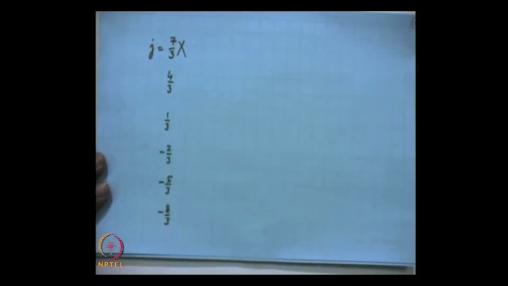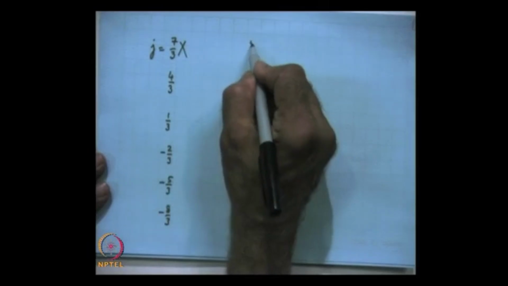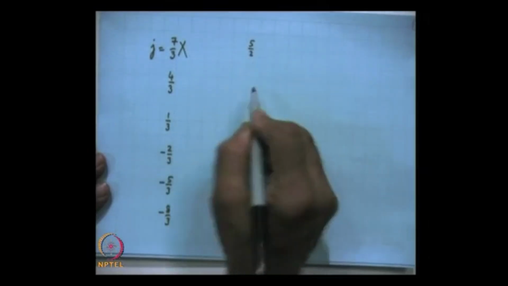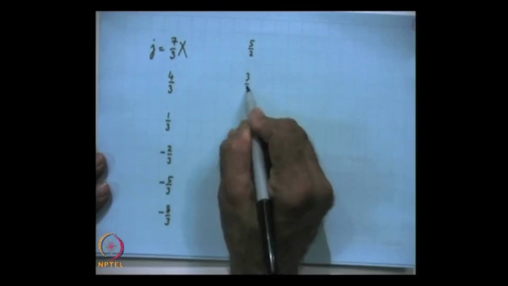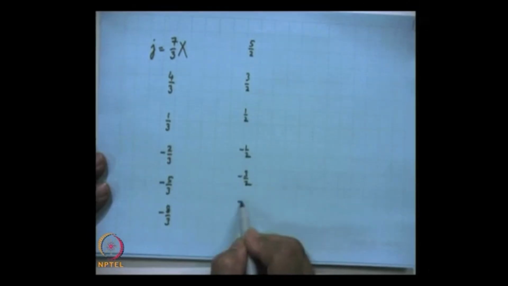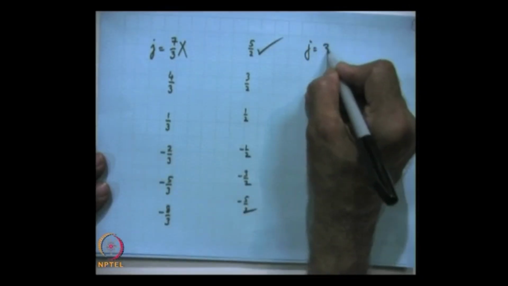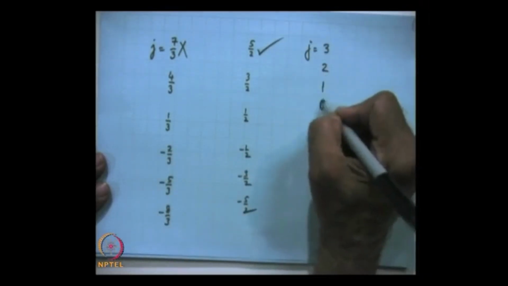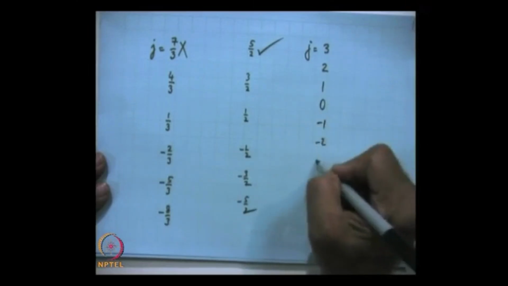So, you have not hit minus 7 by 3. So, 7 by 3 is not possible. But if you use 5 by 2, so 5 by 2 minus 1 is 3 by 2, 3 by 2 is half, minus 3 by 2, and minus 5 by 2. So, that is possible. So, j is equal to 3, then 2, 1, 0, minus 1, minus 2, minus 3.